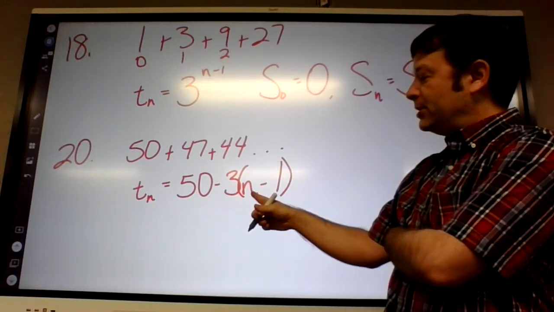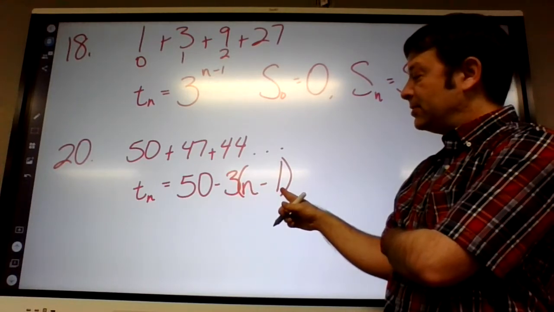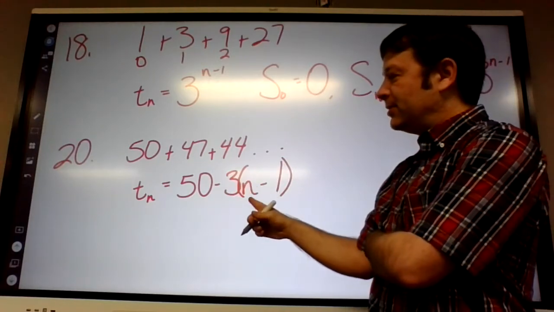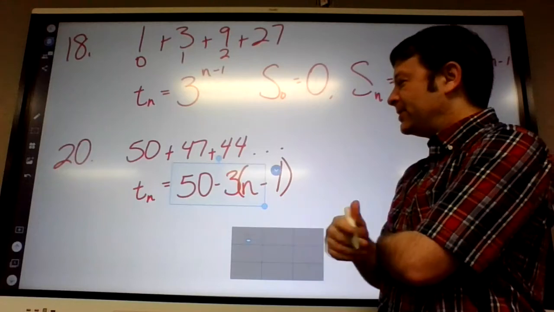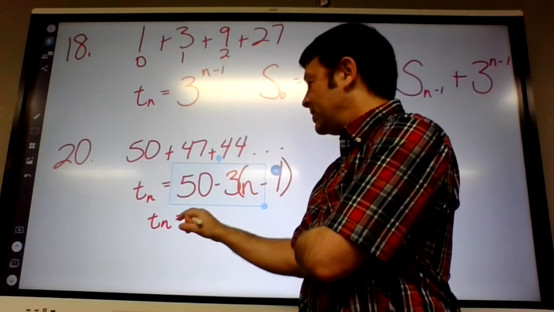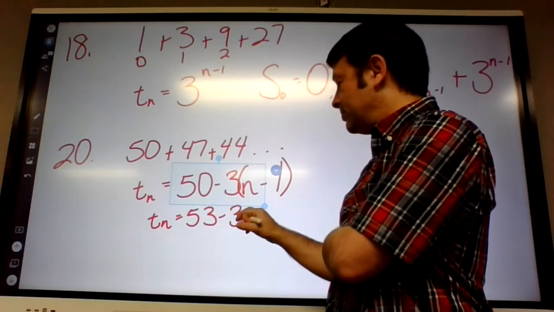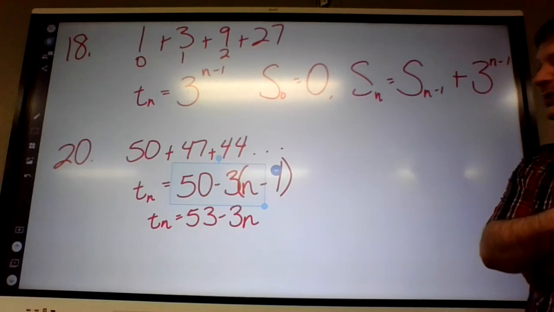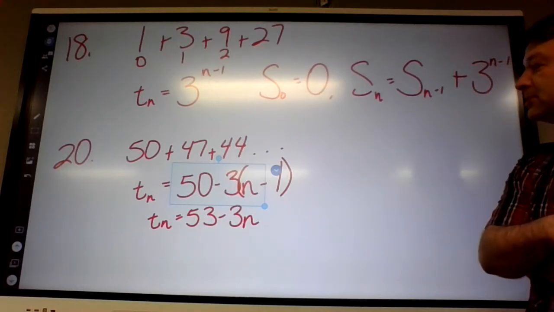When you plug in a 1, 1 minus 1 is 0, so the first term will be subtracting 0. Anyway, that would do it too. We probably should have just kept doing it the old way, even though the book changed a little bit. We back up one step and just go like that.